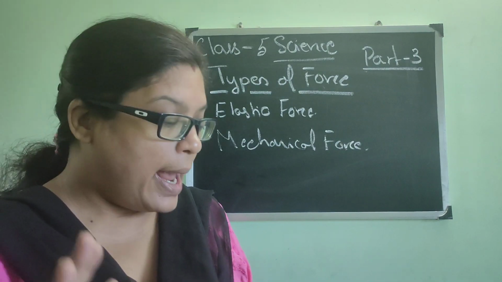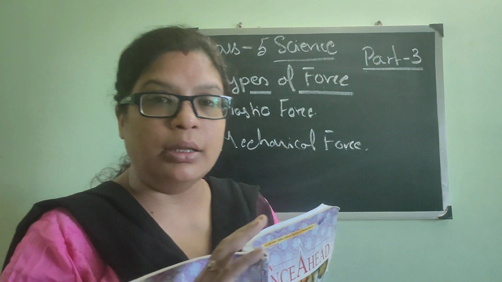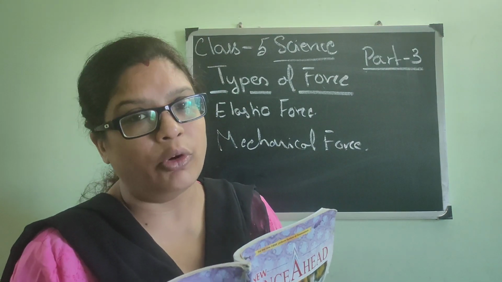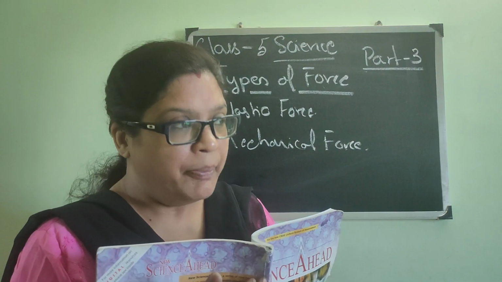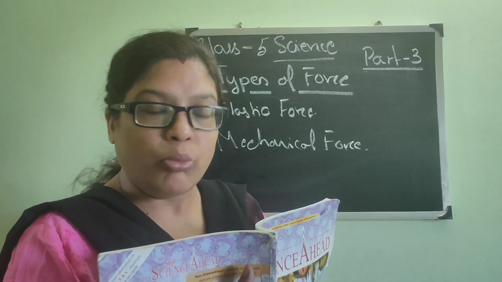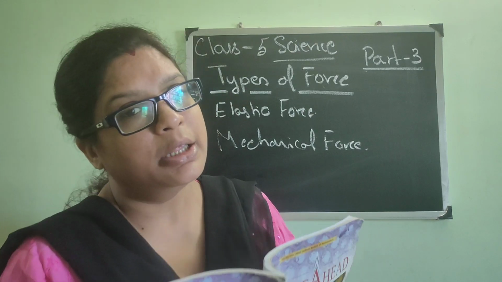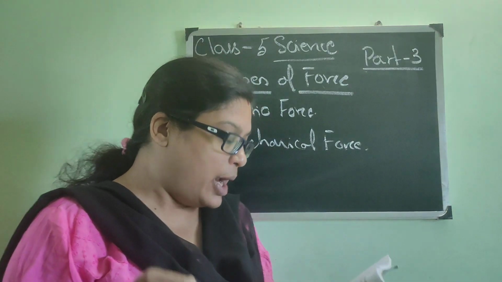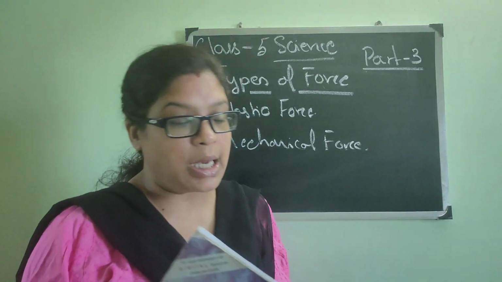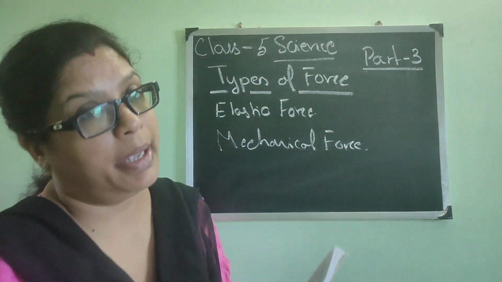We have seen that the smoother the surface is, the less the friction, and the rougher the surface, the more the friction. And finally today we are going to start with elastic force and mechanical force.